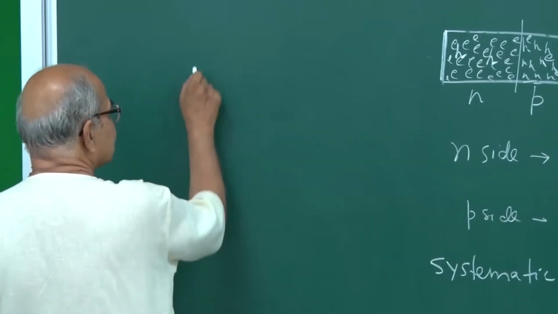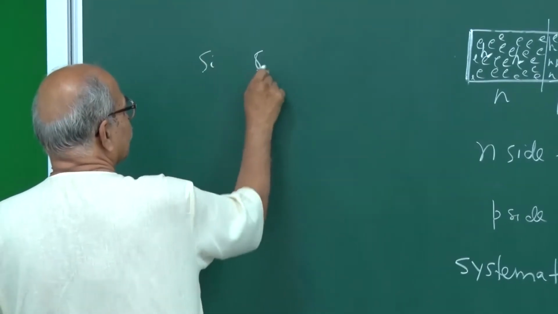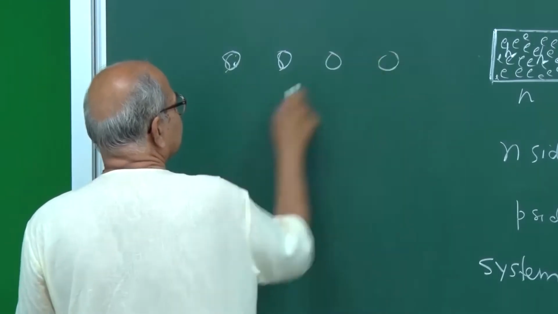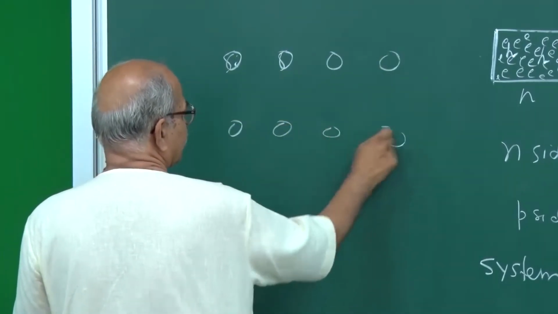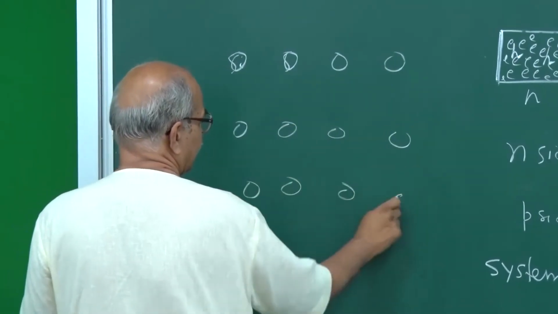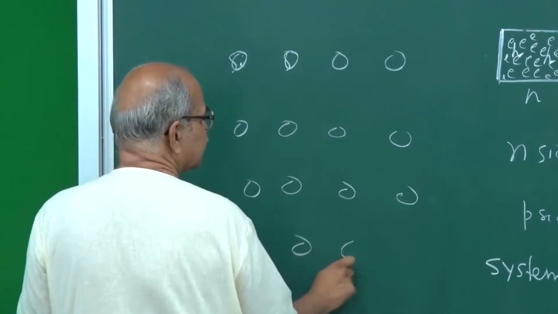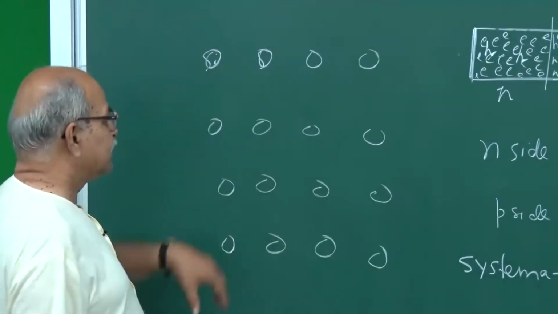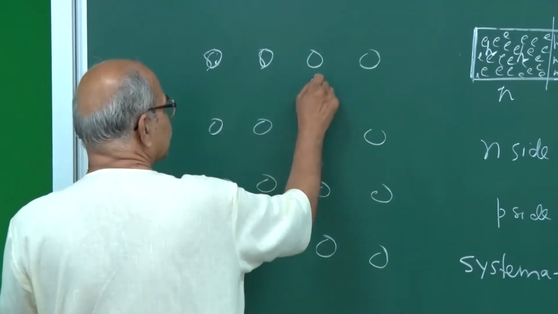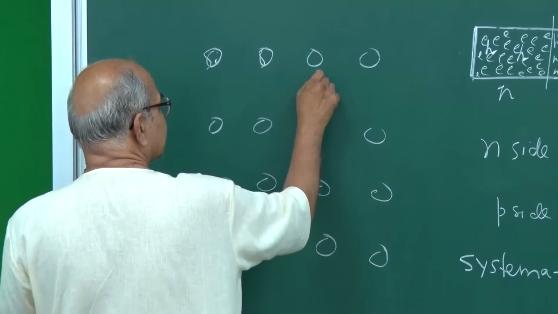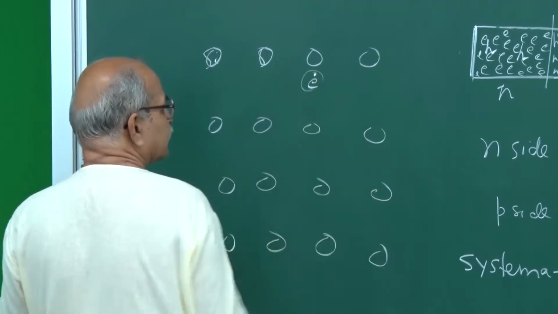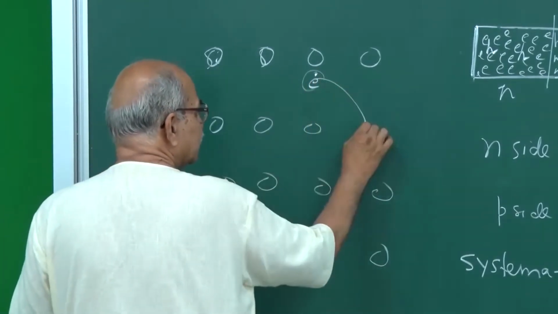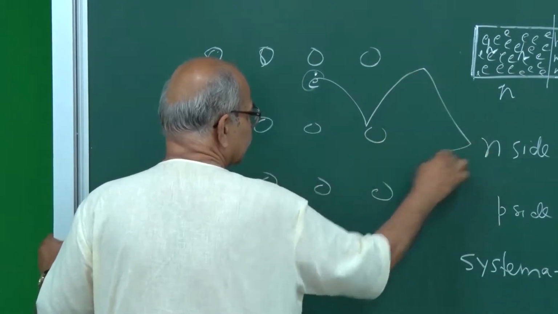So, you have all those silicon atoms. Then at some places, if it is N type, you have put those impurities, and because of that you have extra electrons in the conduction band, and they are going from here to there to there.